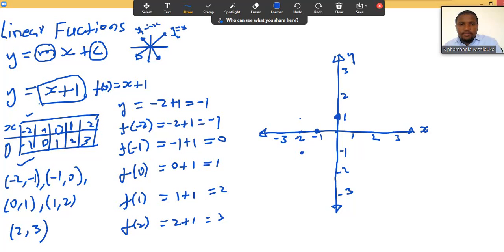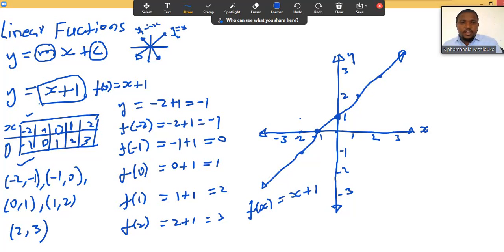And we have 1 is to 2, which is here, and 2 is to 3 is here. Then this is our graph. You can just plot it just like that. So this is our graph of f(x) is equal to x plus 1.